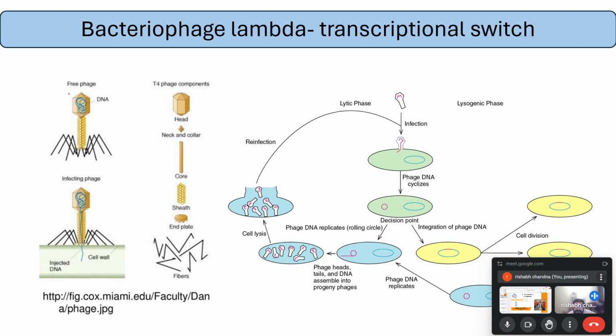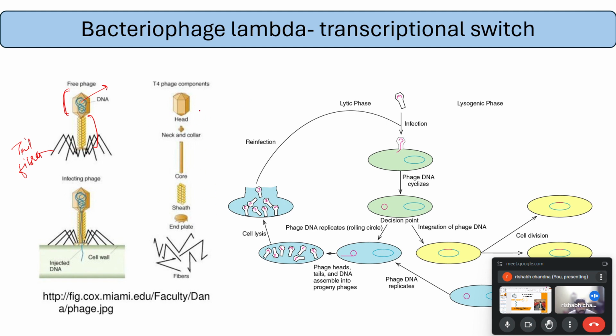So it has basically a head, and then it has a neck and collar, and then these are the tail fibers. Okay, and the DNA is present in the head region. So it has a double stranded linear DNA. It circularizes when it needs to be replicated. Okay, so these are the components.